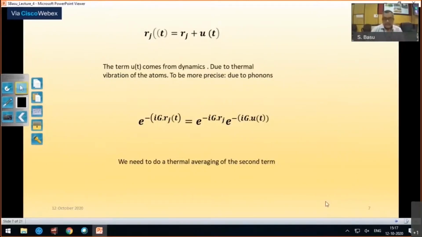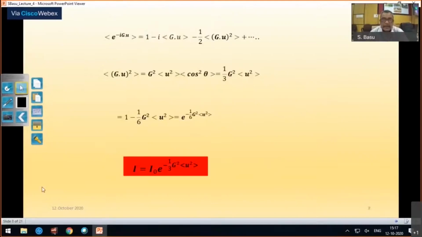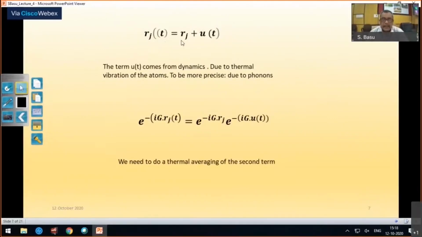I will try to quickly show you in a very simple derivation how it comes. So if Rj is the position of the lattice point at 0 Kelvin, then at any finite temperature, at any time, at any time, this Rj, not temperature, sorry, it's time.